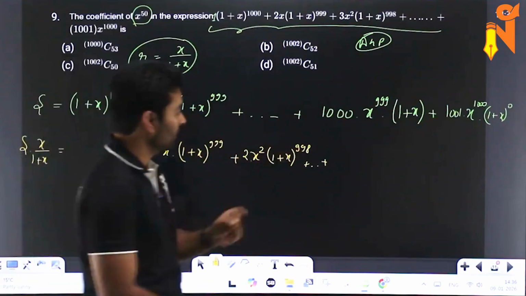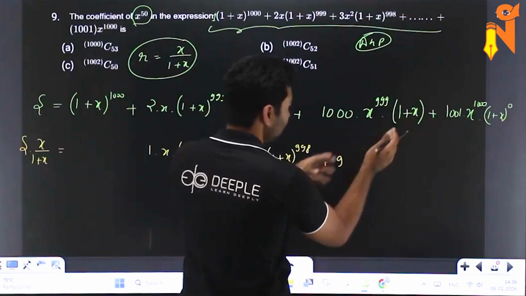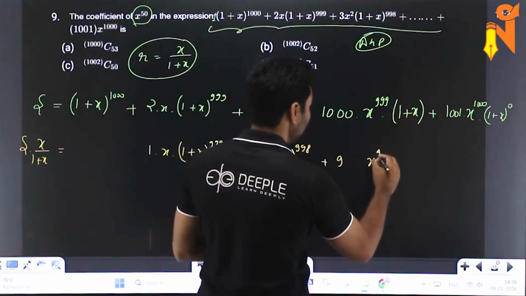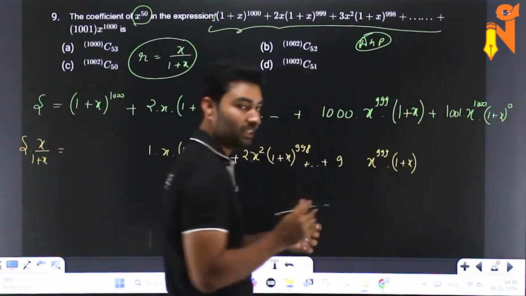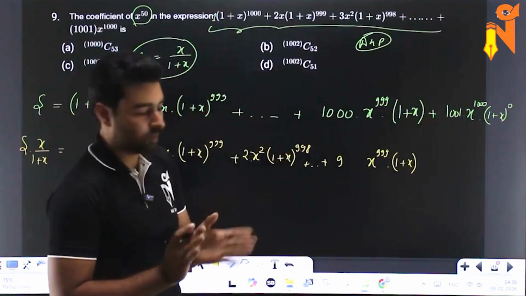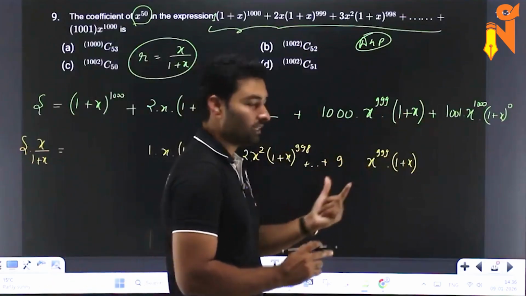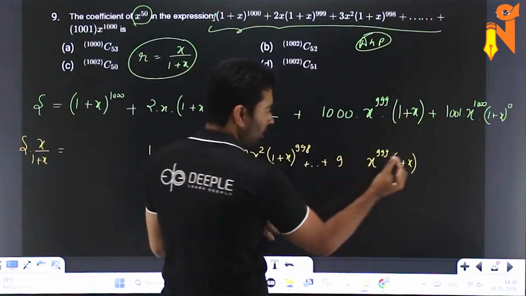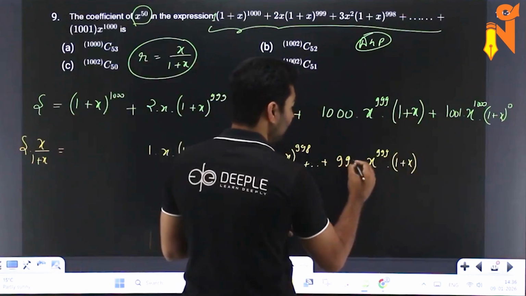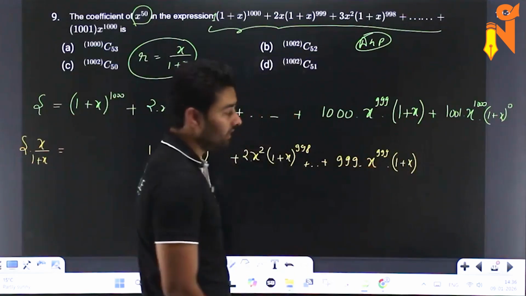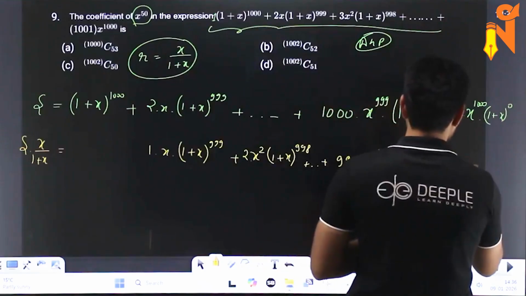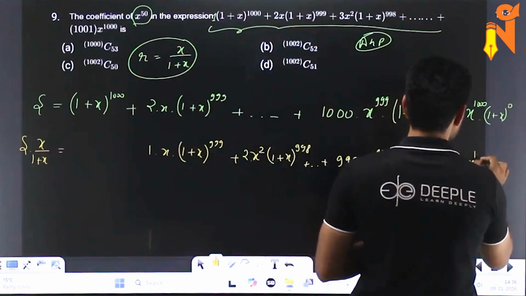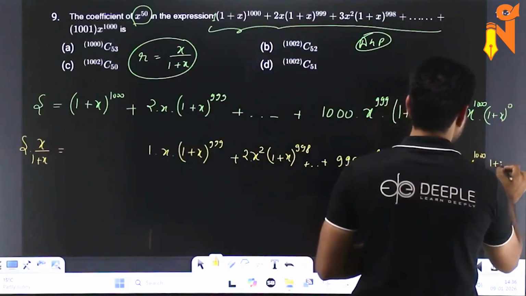So obviously this will be exactly the same here. If you solve this AGP question, you know this thing. Then we can subtract. So how much here? 1 here. So I want 999, right? And this will come here, plus 1000 into x^1000 into (1+x)^0.